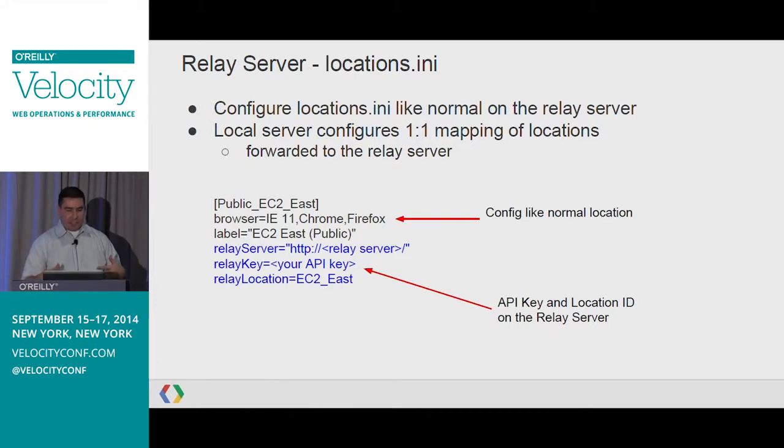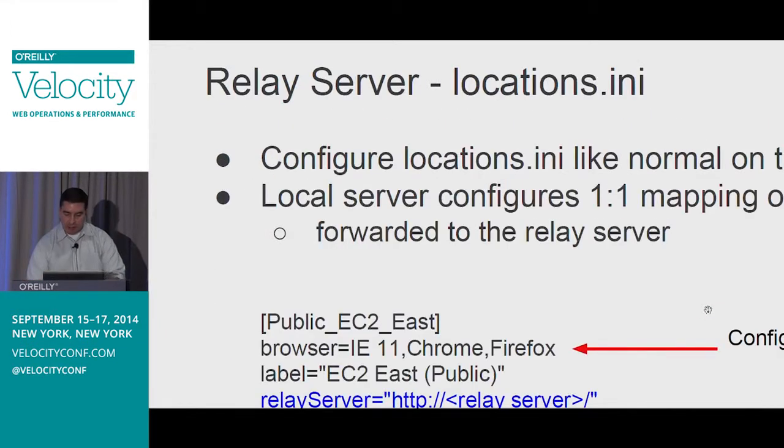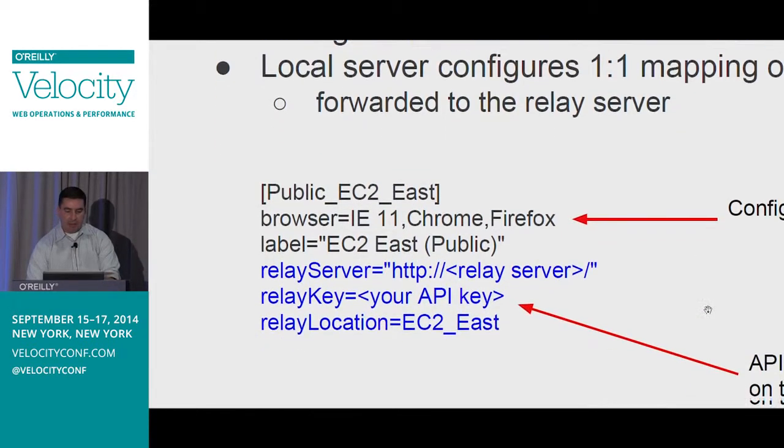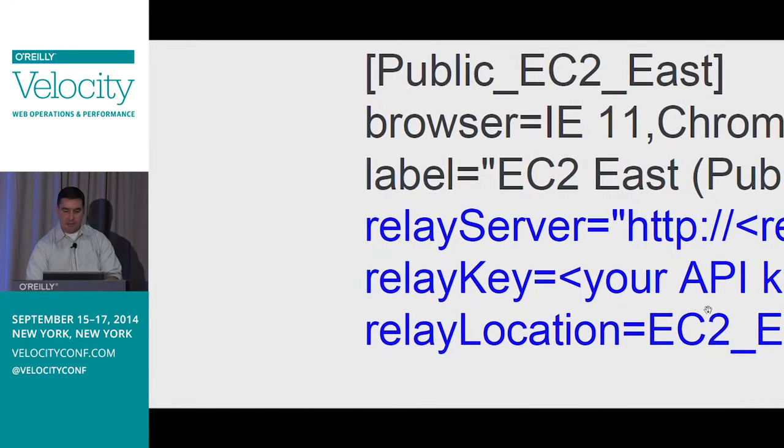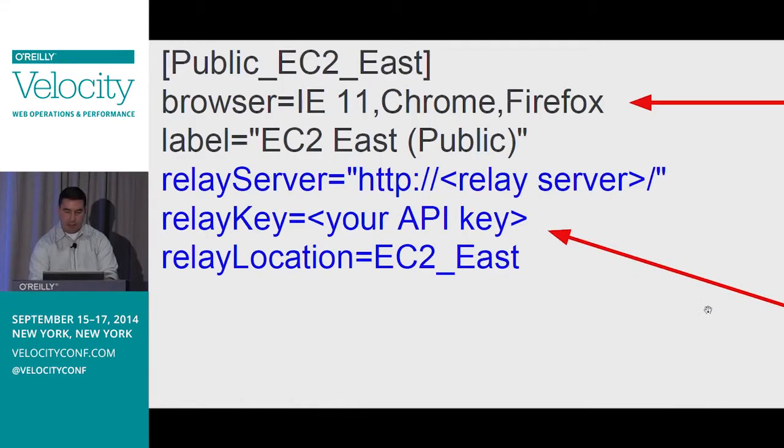On the internal instance that's doing the relaying out, you would set up the locations like you normally would. You would add a couple of location-specific relay settings. It's mostly just the server you're connecting to, the API key, and the equivalent location ID for your internal location on the public one.